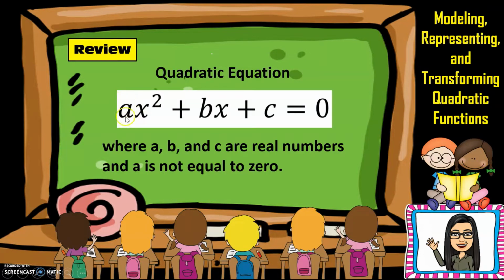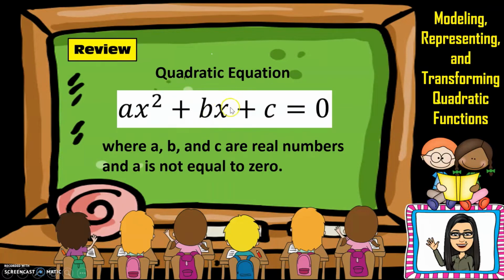Very good. Kasi kapag ang a natin ay 0, 0 times x squared, any number multiplied by 0 is always 0. So therefore, kapag naging 0 ito, mawawala na po tayo ng tinatawag nating quadratic term. So pag wala na tayong quadratic term, we cannot consider this equation as a quadratic equation anymore. Why?